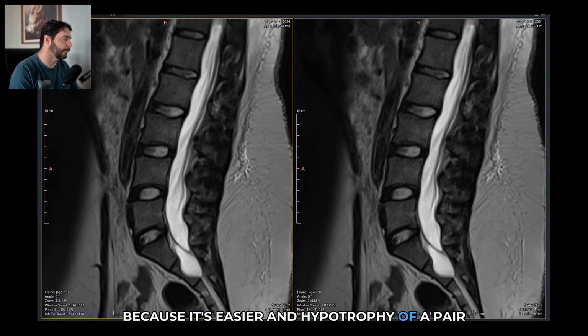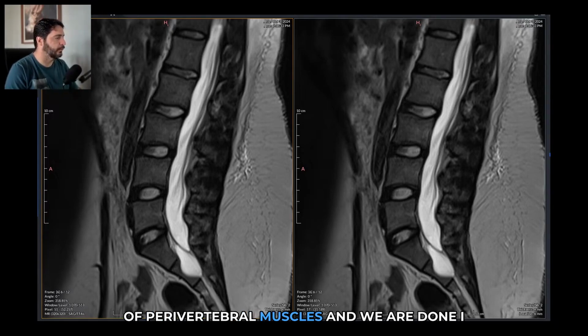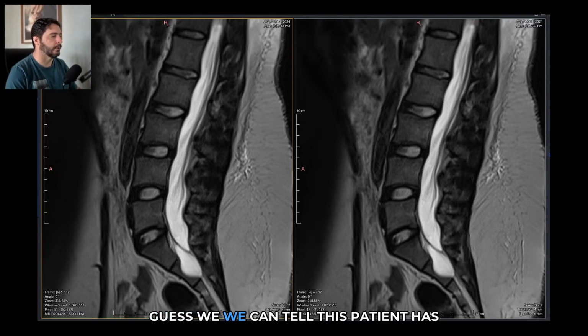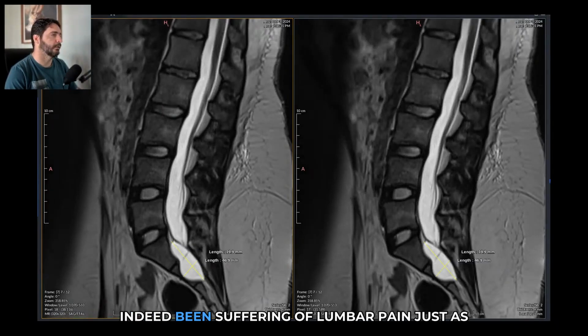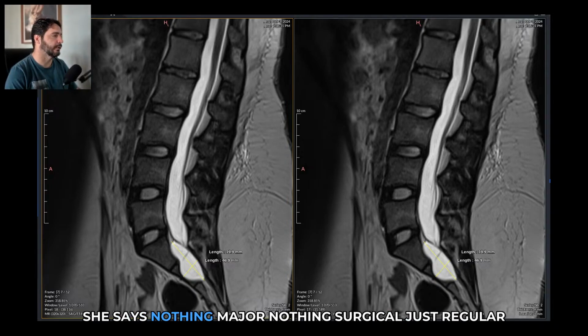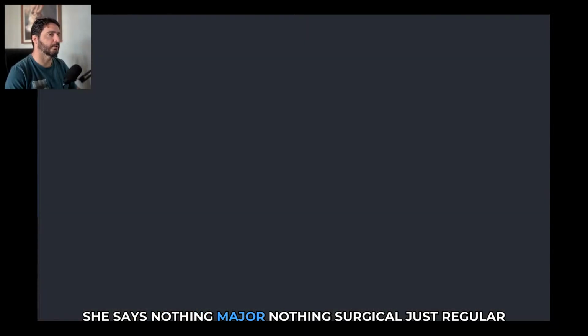And hypotrophy of perivertebral muscles. And we are done. I guess we can tell this patient has indeed been suffering from lumbar pain, just as she says. Nothing major, nothing surgical, just regular overload of the spine.